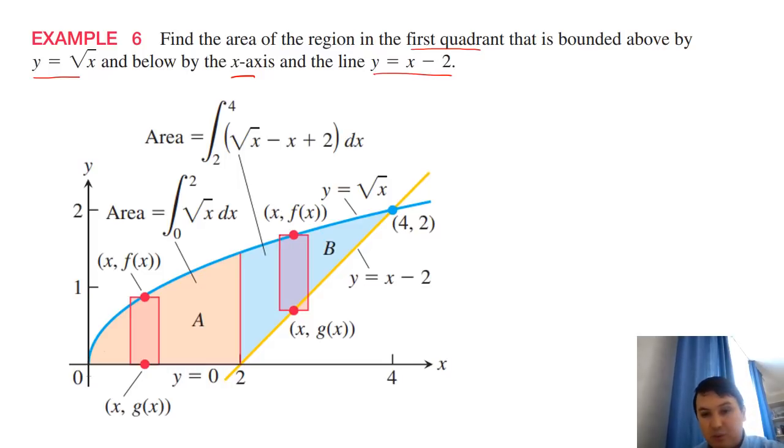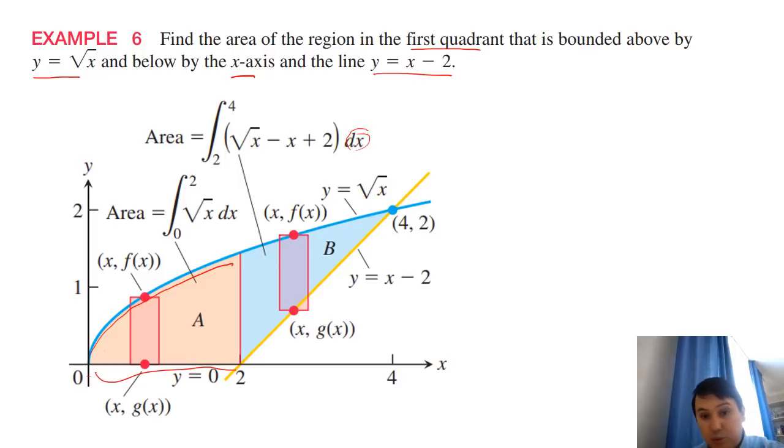So from 0 to 4, and if you want to do it with respect to x, what should we be doing? Well, in the first part, from 0 to 2, I only have one function, so I need to look at only one function and then integrate. Here it's just y equal to 0 also.